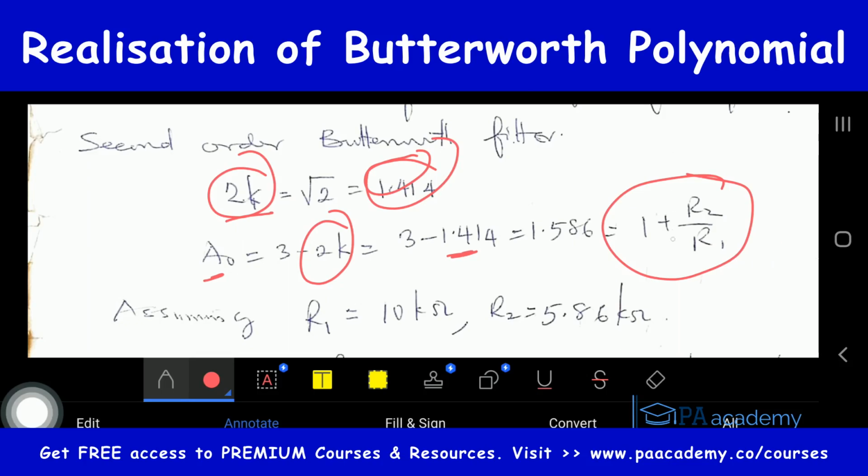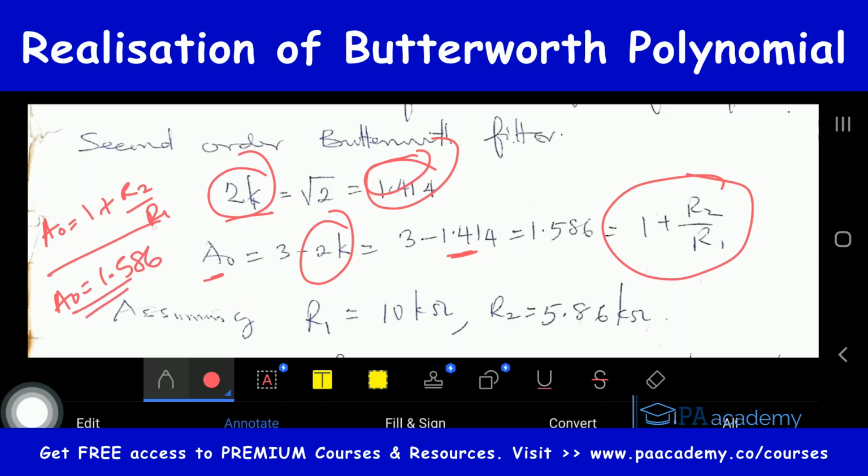So basically, for the representation of our A0, A0 is equal to 1 plus R2 over R1, and by solving we already know that the value of our A0 is equal to 1.586.